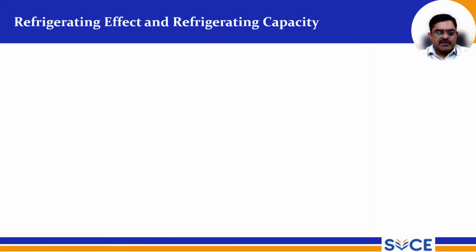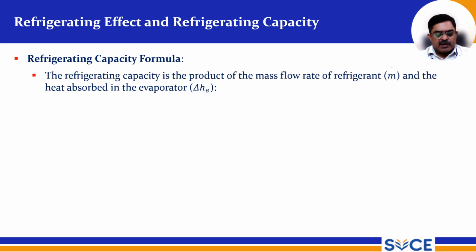Refrigerating effect and refrigerating capacity, and the refrigerating capacity formula, that is delta He. The refrigerating capacity is the product of the mass flow rate of the refrigerant, that is M, and the heat absorbed in the evaporator, that is enthalpy. In terms of enthalpy delta He in the evaporator, QE equals M into delta He.